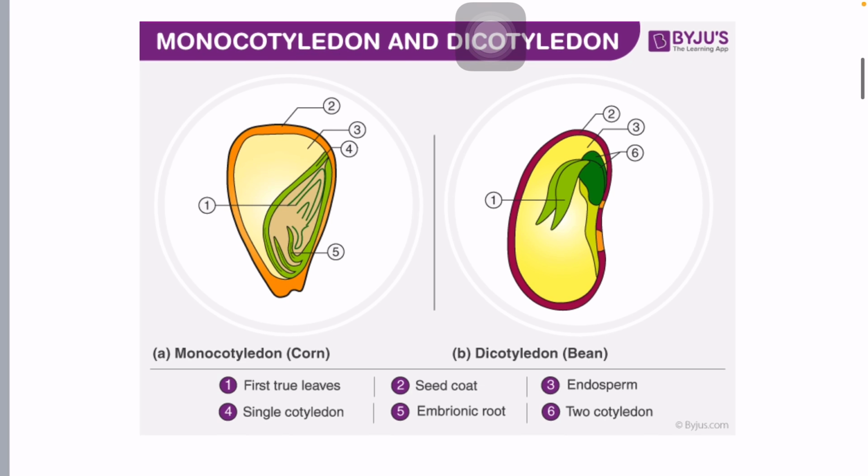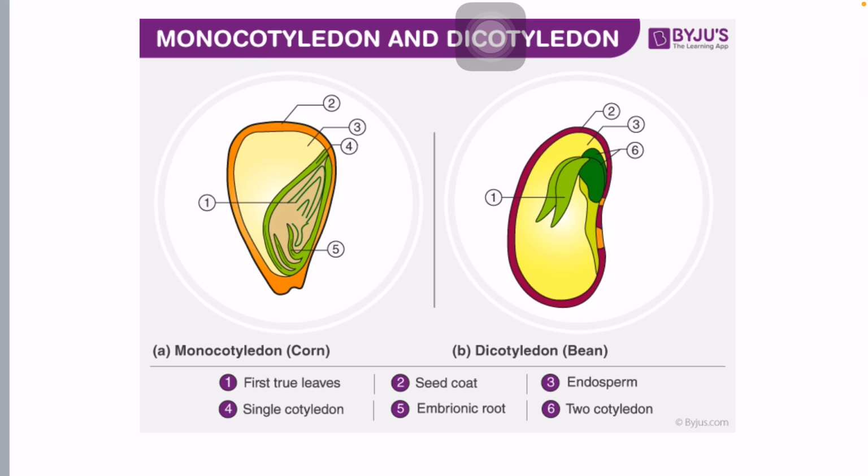While dicotyledon, for example bean, has the first true leaf, seed coat, endosperm and two cotyledons. We can see the difference. For monocotyledon, it has one cotyledon while dicotyledon has two cotyledons.